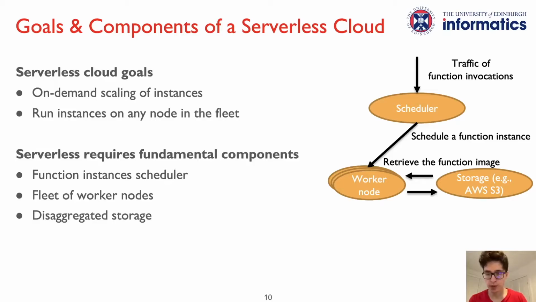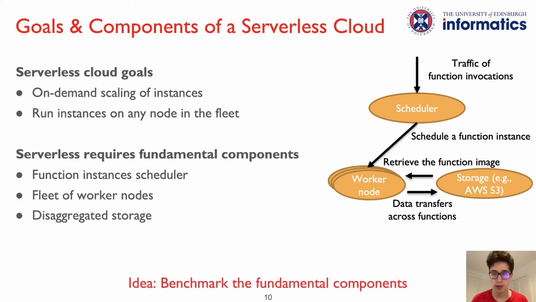For example, container images for spawning new instances of functions. The same storage service is used for transferring data across functions because they are stateless and cannot hold state. With this insight, we can now assess the performance of clouds by stressing their key components.